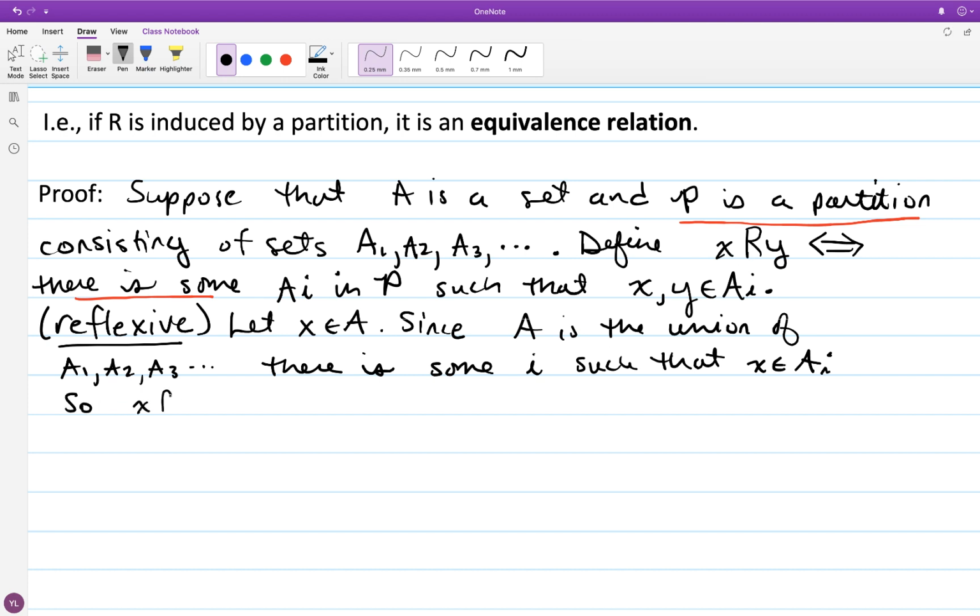So x is related to itself. Hence, R is reflexive. Okay, so as I said before, it's good practice to do the other two parts of the proof, show that the relation is symmetric, show that it's transitive. It's all written out in the book if you need help, but it's an important result.